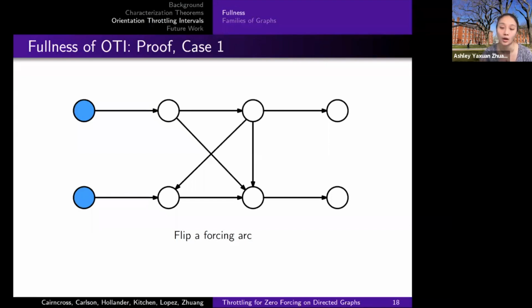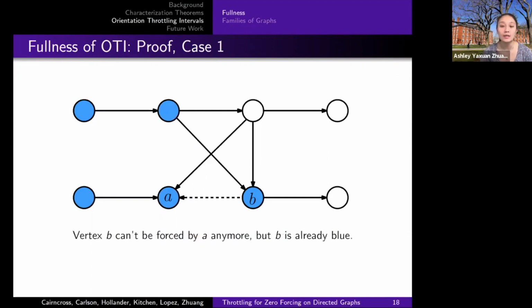So now, in the first case of this proof, we're going to consider flipping an arc that is a forcing arc. So we're going to flip this one that's now dashed and label those endpoints A, B. And what we're going to do is add B to the initial forcing set. So now our initial forcing set has 3 vertices in it. And we see that even though we flipped a forcing arc, so now A cannot force B anymore, that doesn't matter because B is already blue to begin with since we've added it to the initial forcing set.